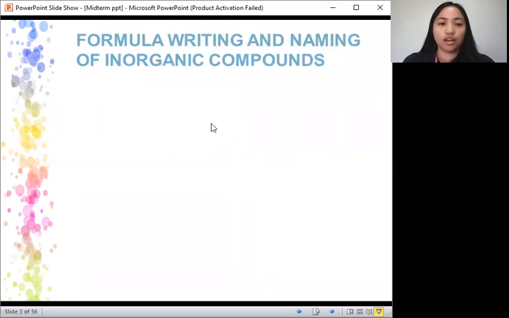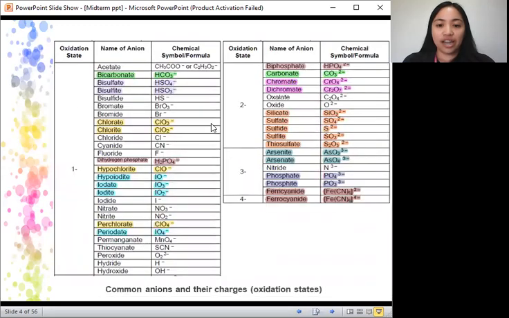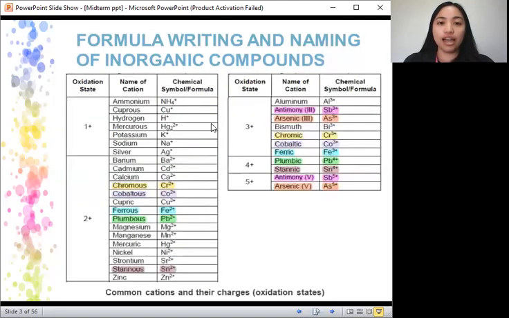For Activity 1, the formula writing and naming of inorganic compounds, you also have to memorize or familiarize the different common cations and their oxidation states, as well as the common anions and their oxidation states. You have to take note, especially for the cations, that there are the same elements but with different oxidation states.